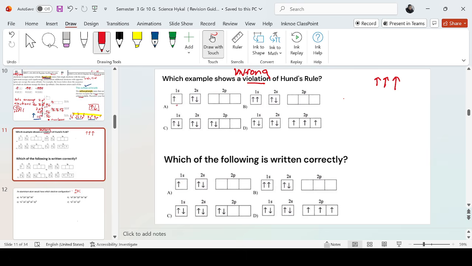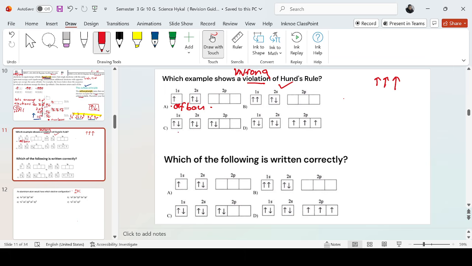This is the Aufbau rule, which was violated because the lowest energy level must be full. This is Aufbau. We come here. This is correct. This is okay.